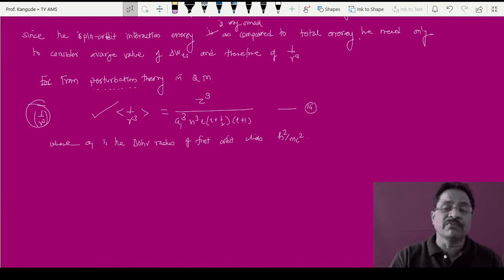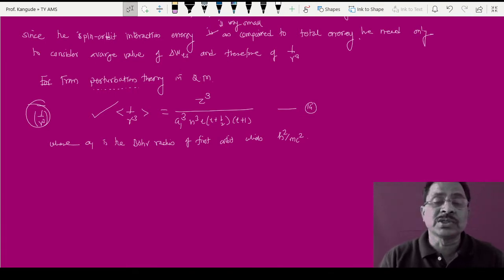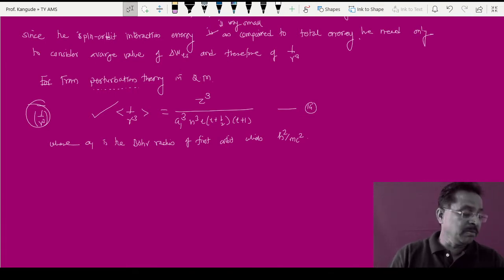So use equation 14 and this quantity h cross square upon m e square in equation number 13.